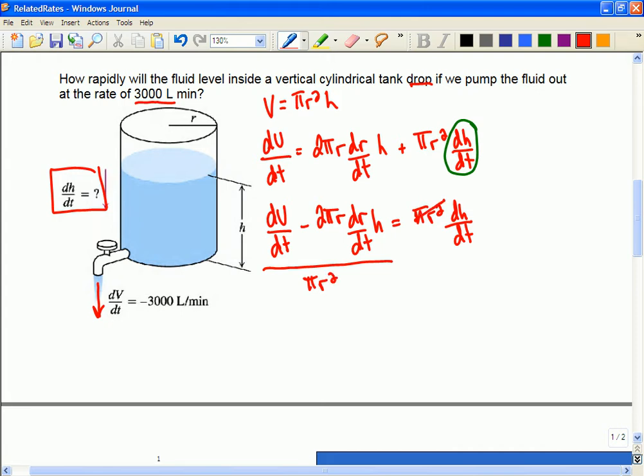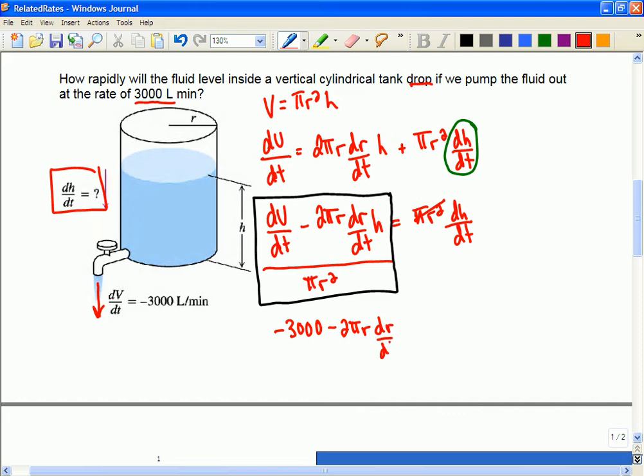So now I know what the change in the height is. It's this mammoth formula. And I know that dV dt is negative 3,000. So at this point, without any other information, all I could put in is negative 3,000 take away 2 pi r dr dt over pi r squared. So that's not a good way to leave the question.